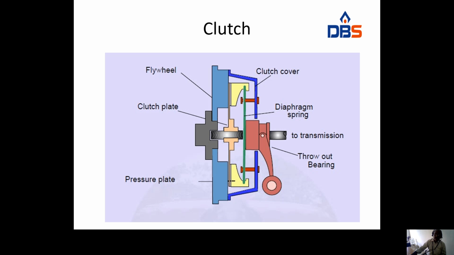Splines are provided, and with the help of the splines the clutch plate moves over the shaft. When the clutch is pressed, the clutch plate moves and is separated from the engine shaft. Now today we'll see how the multiplate clutch works.